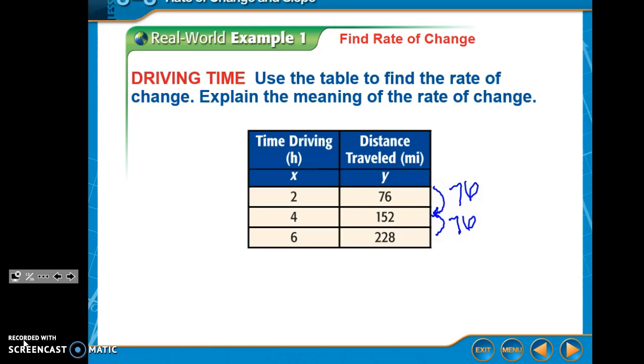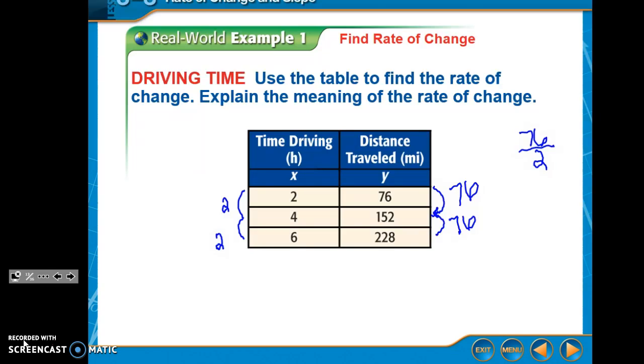And this change from here to here is 2. And then from 4 to 6, we have a change of 2. So our change in y is 76 between 76 and 152. And our change in x is 2. Can we reduce that fraction? Yes, because 76 is even and 2 is even.